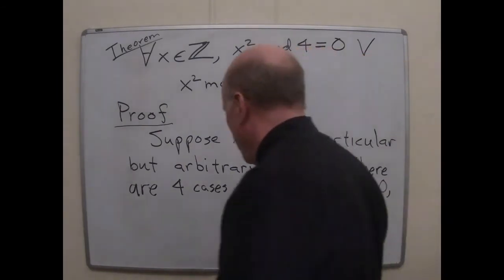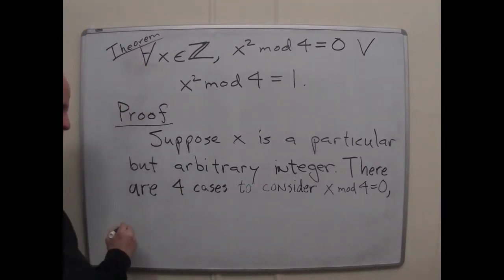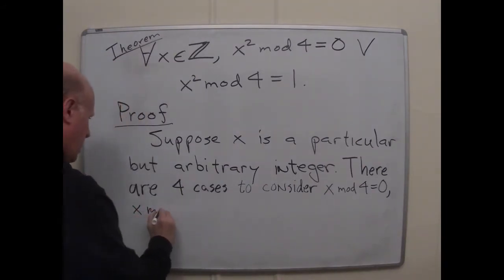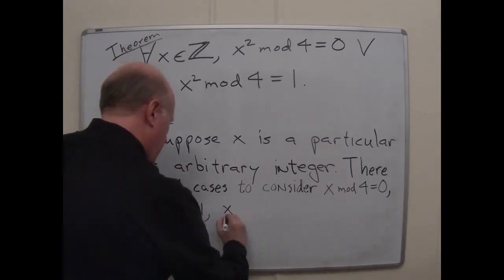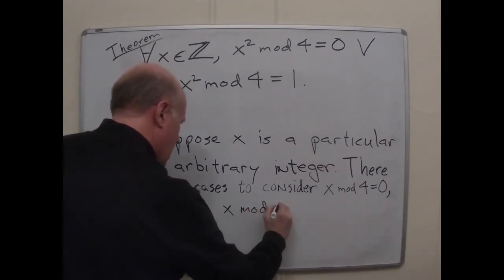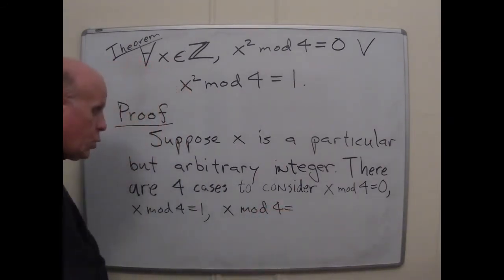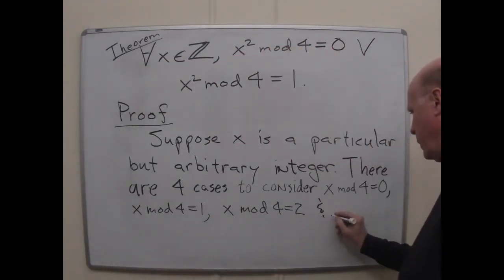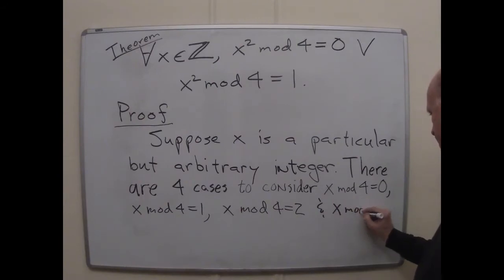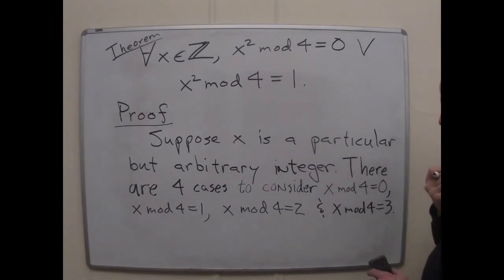Let me finish out the sentence with that version of things. x mod 4 equals 0, x mod 4 equals 1, x mod 4 equals 2, and the last case is x mod 4 equals 3. I was talking just off the cuff there, and I was thinking about another way to express this, but I think we'll skip that and just talk about the modular version of this proof.